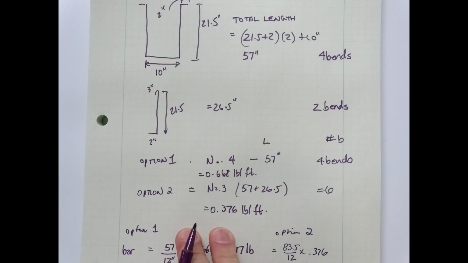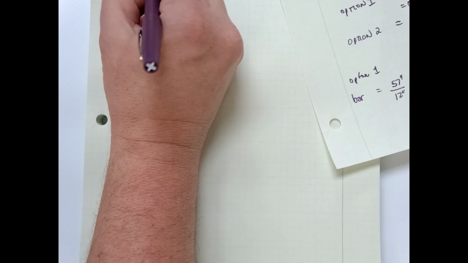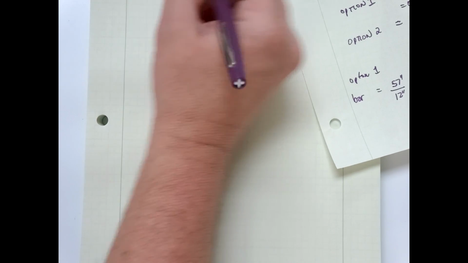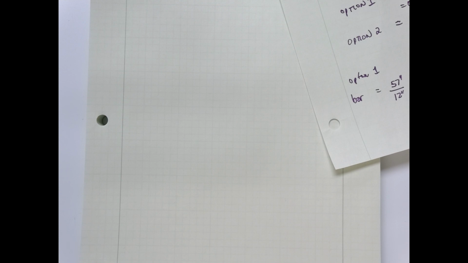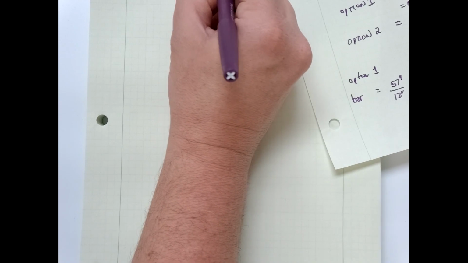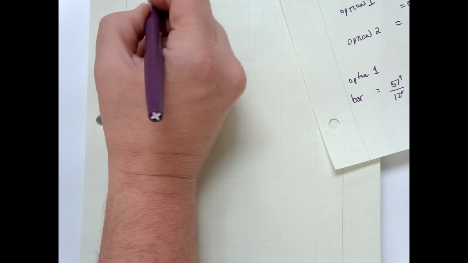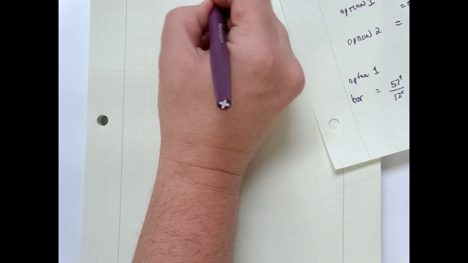Now, we have to do one more calculation, right? What was our stirrup spacing for the number 4s? Go back to the analysis. What do we get? 7 inches, right? And number 3 was 6 inches spacing.